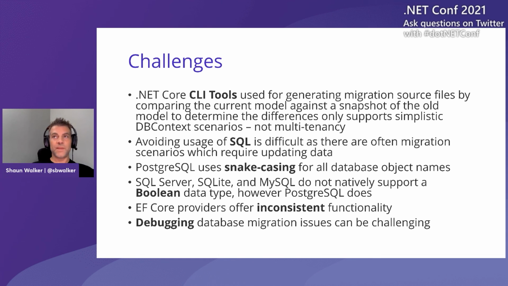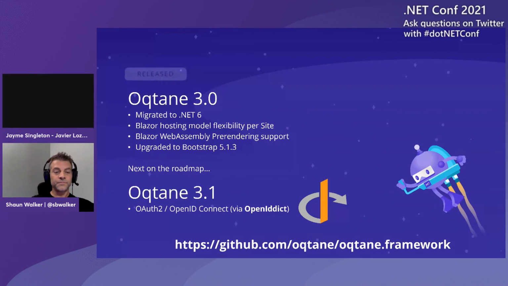They use things like a bit type to provide support for a Boolean. We also discovered that the EF Core providers that are provided by Microsoft and third parties often provide inconsistent functionality. So there'll be methods that are implemented, but they don't always work as you would expect. And then if you're debugging migration issues, those can be challenging as well. So these are some of the challenges we ran into in supporting multiple databases.